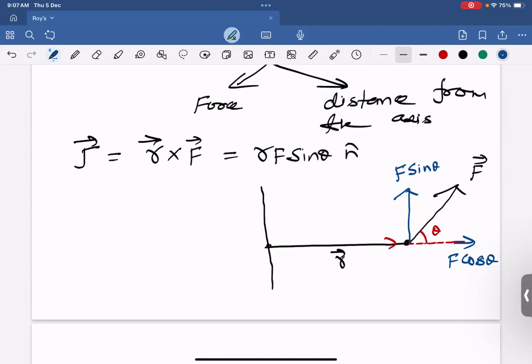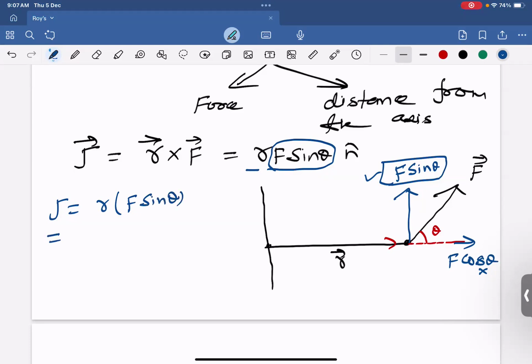As I have taken R into F sin theta, you don't take the component which is along R. You take the component which is perpendicular to R, that is F sin theta. This will not produce any torque. This will produce torque. That means torque is R multiplied by F sin theta.